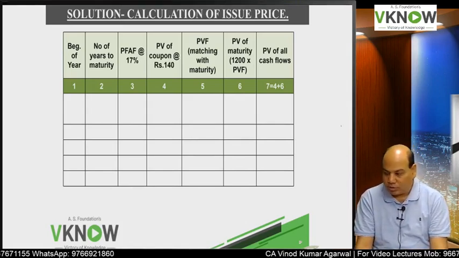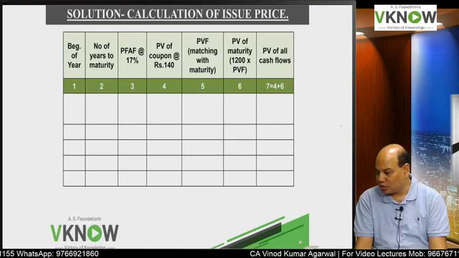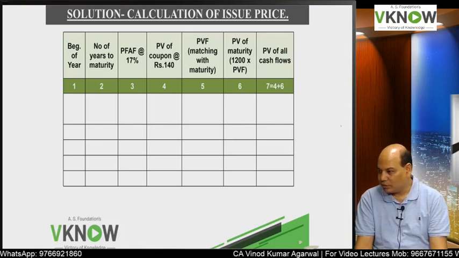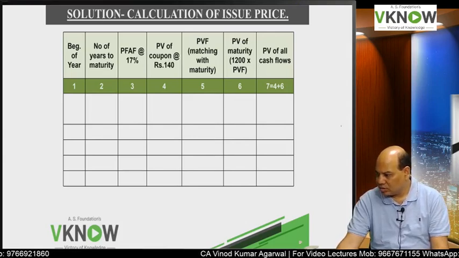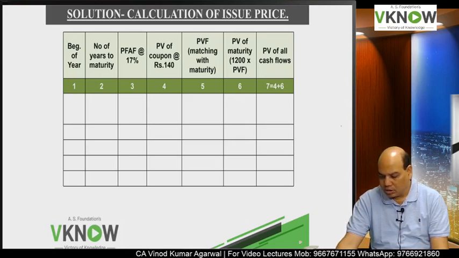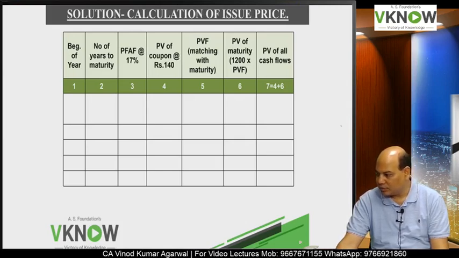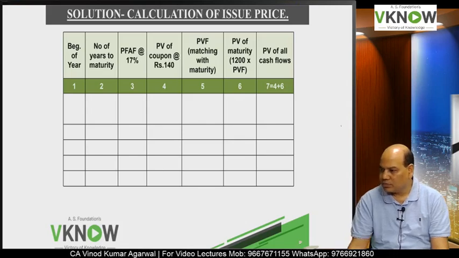Then next column write number of years to maturity. Then write down present value annuity factor at 17%.